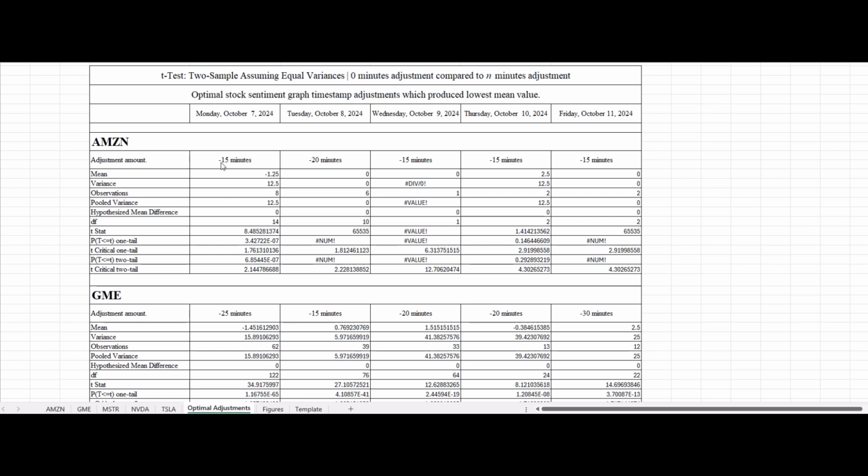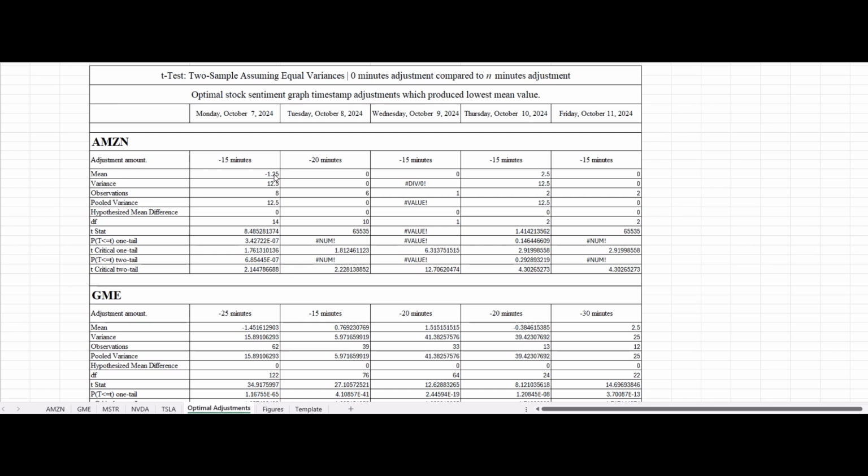So again, in this case, 0 minutes compared to 15 minutes adjustment produced a mean of negative 1.25 minutes. That was the average offset.